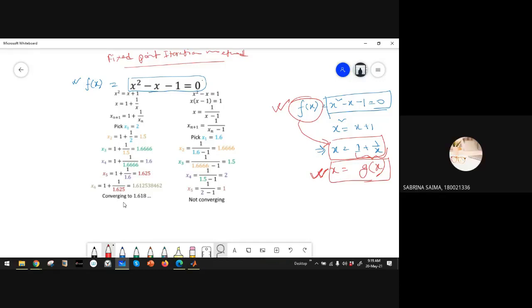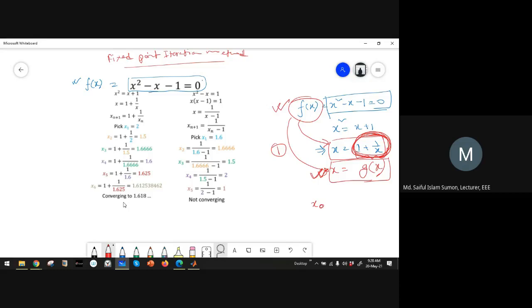Yes, sir. At first I need to do this one. Then we have to make this one a general equation, so using this equation I will find my consequent values of x. How? Suppose from here I will arbitrarily consider one value of x.